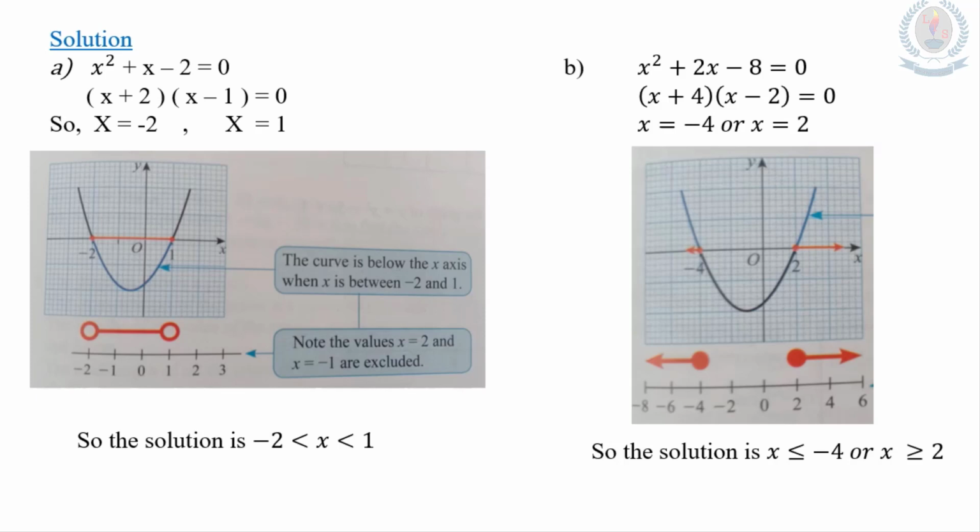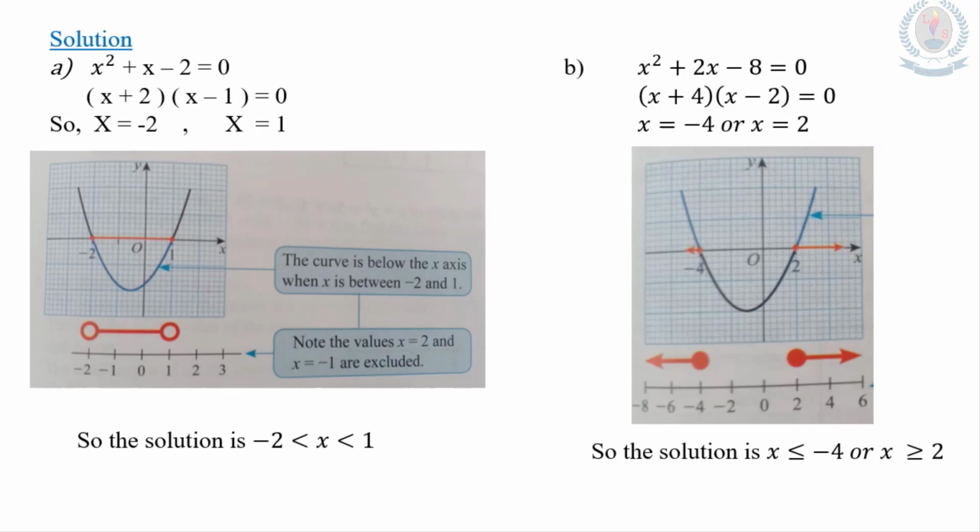First of all, mark those two solutions, minus 4 and plus 2. Here you can color those two circles because there is an equal sign in the inequality. Then both sides you can mark as the solution, because x squared plus 2x minus 8 greater than or equal to 0 has two different regions.